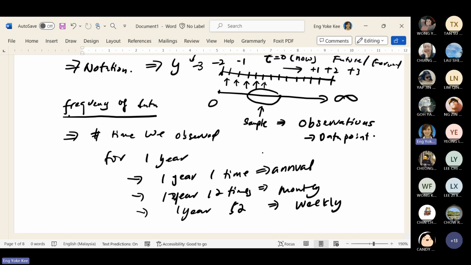Okay, so that is the frequency. We normally use the notation M1, M12, M52. So frequency of the data is how many data points you see in one year.